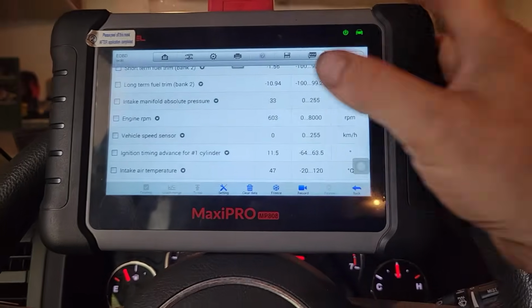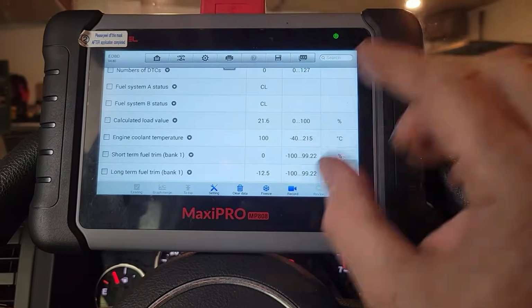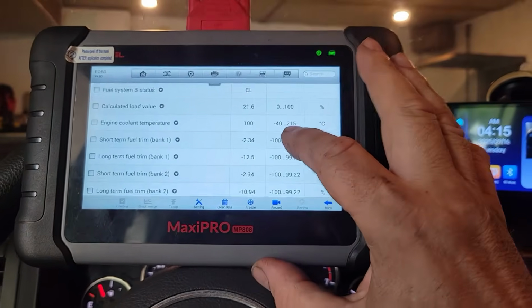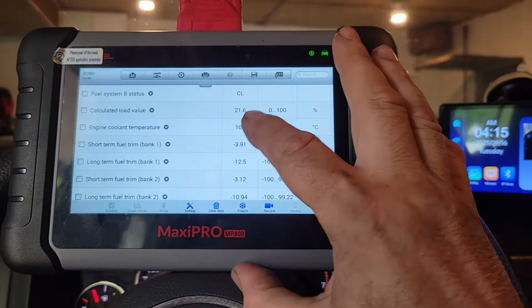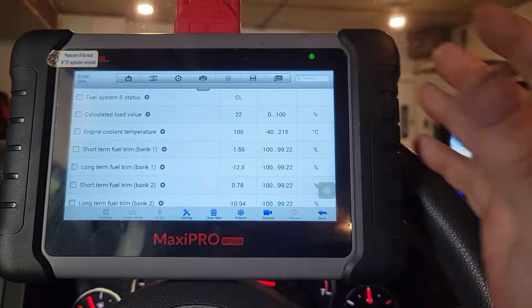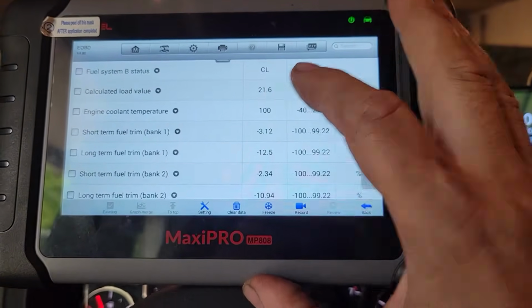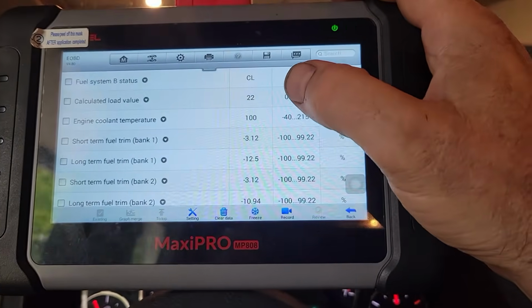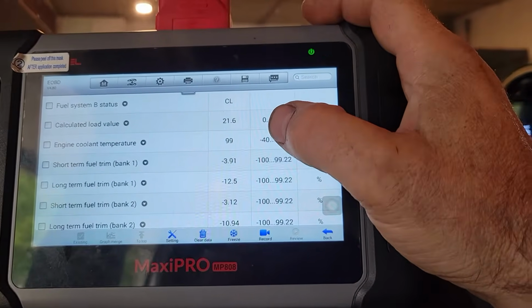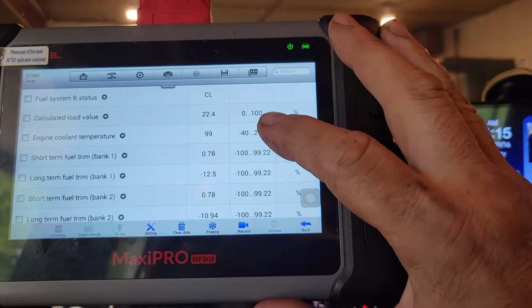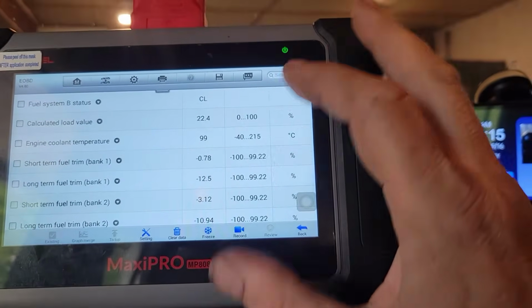Whenever we're looking at the calculated load, I've seen videos where they're looking for it to be very high if you have a plugged cat. I usually find that's on the air intake, because we could see the cat broken apart in there with our own eyes. It's taking away fuel because it can't breathe coming out the exhaust.